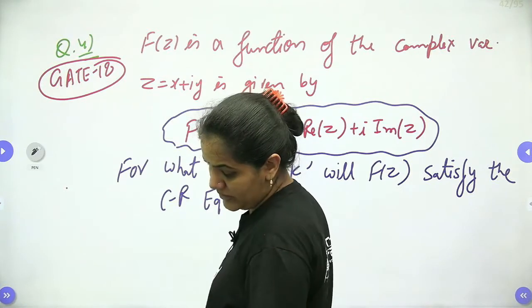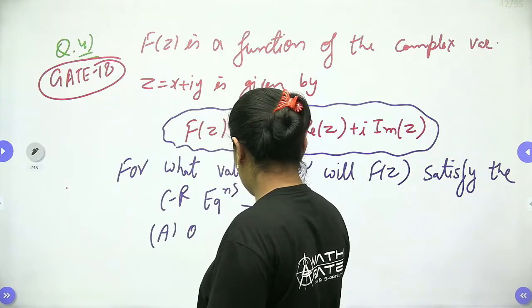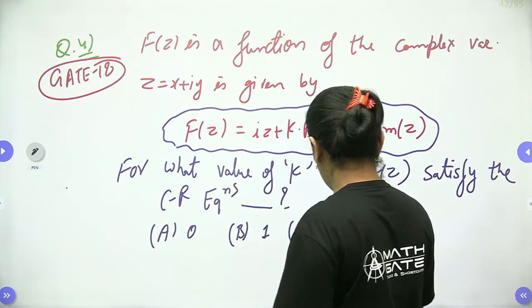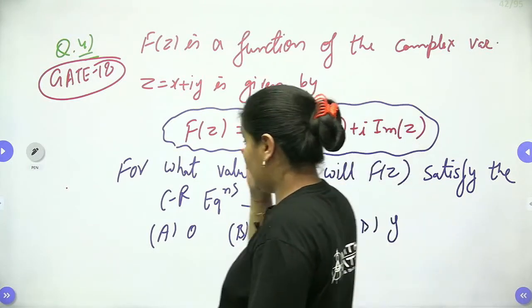We do have options: 0, 1, -1 and y. So we are having 4 options.